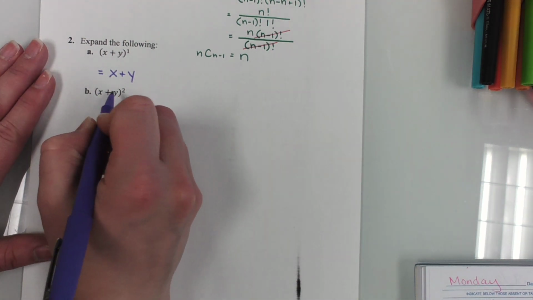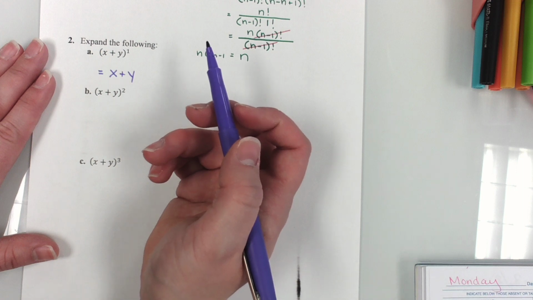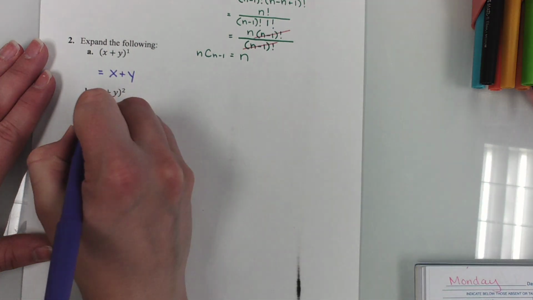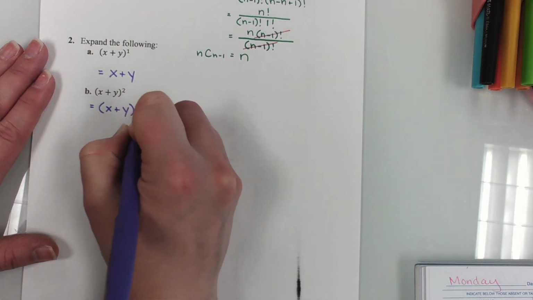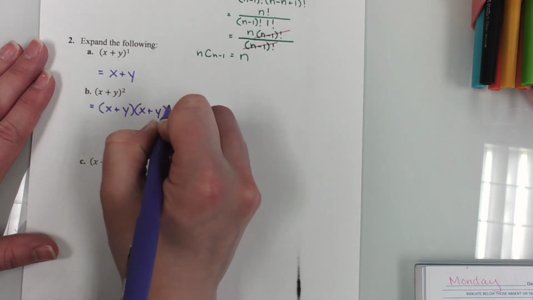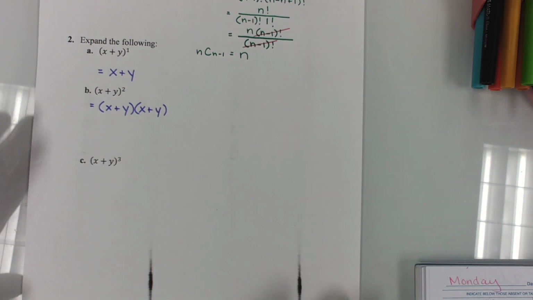X plus... Oh, I think I said x plus 1. I meant to say x plus y. X plus y squared. To square something is to multiply it by itself. If you did not go through and change this to this, or at very minimum, if you know the pattern of squaring, be careful. It's not just x squared plus y squared. It's x plus y getting multiplied by x plus y, which you FOIL out.